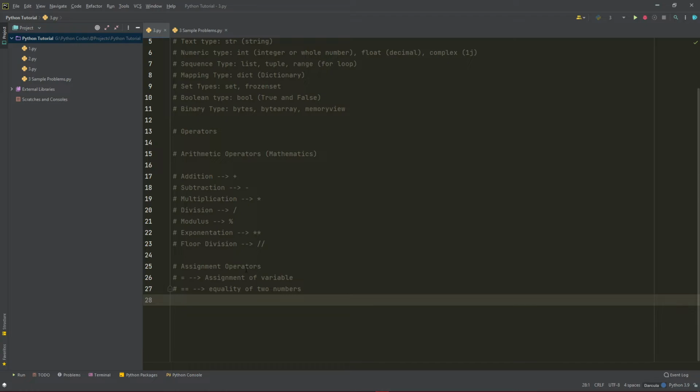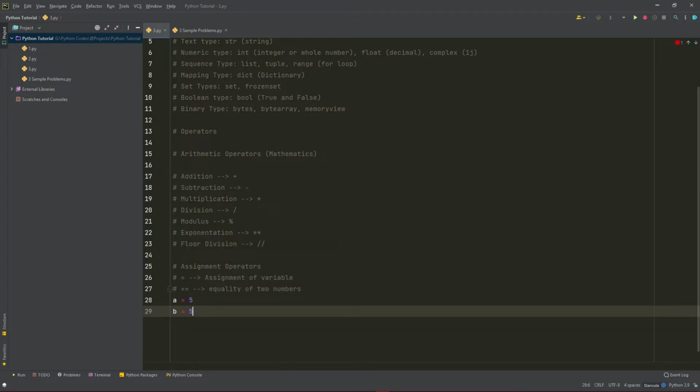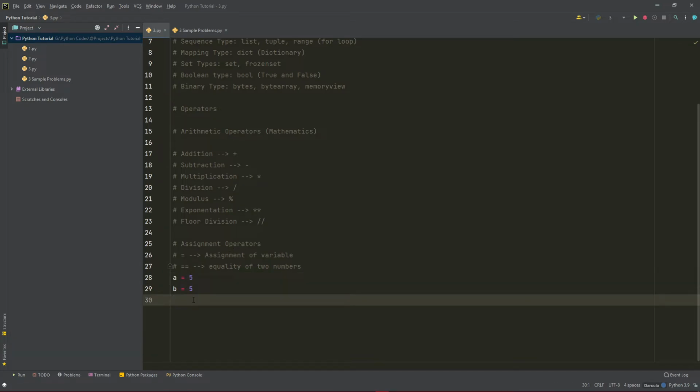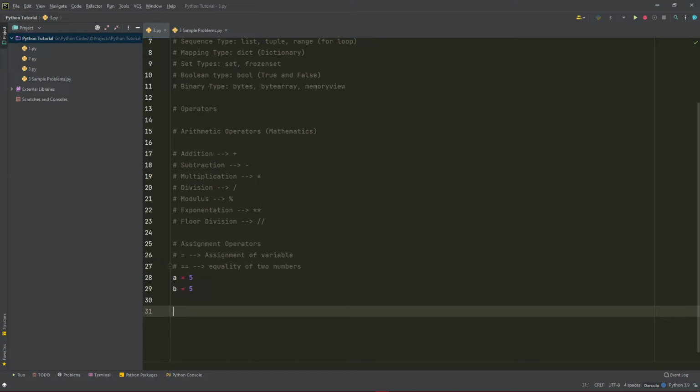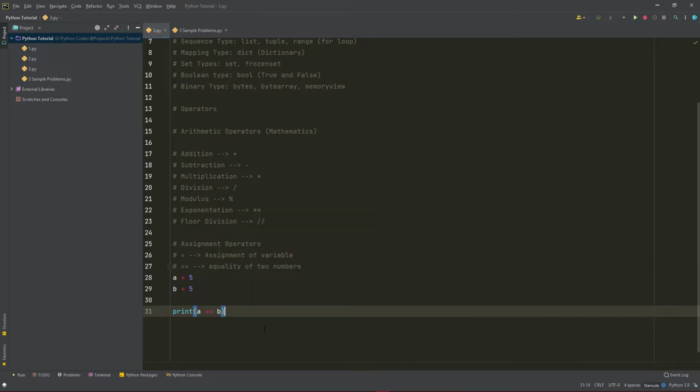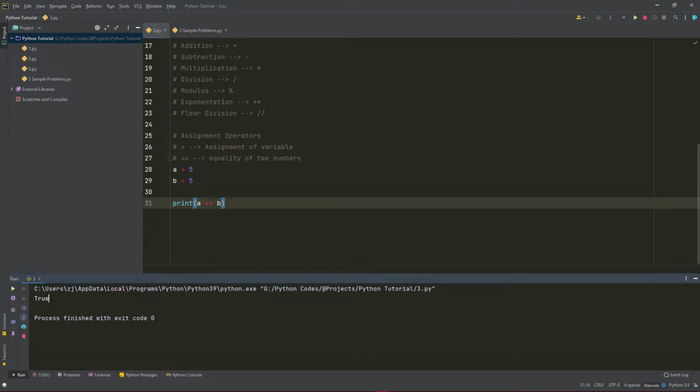So for example, I have A equal to 5, and then B is equal to 5 as well. So in here, they're the same, right? Or they're equal. Now if you print A double equal B, what should be the output? The output will be true.